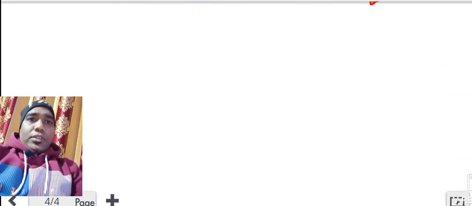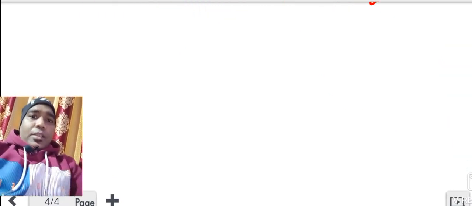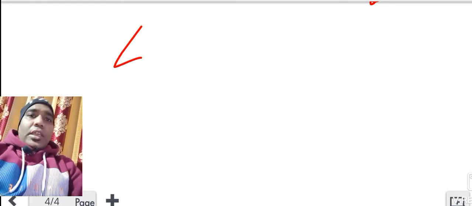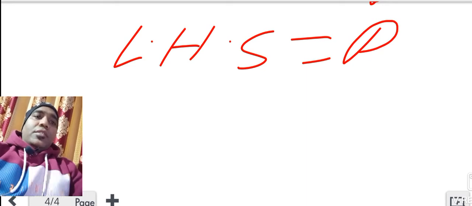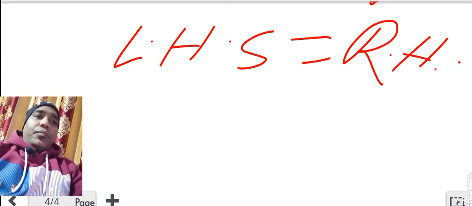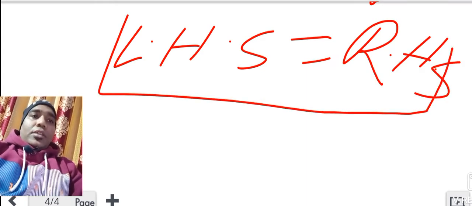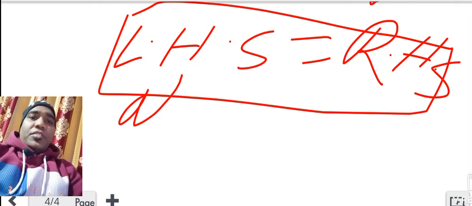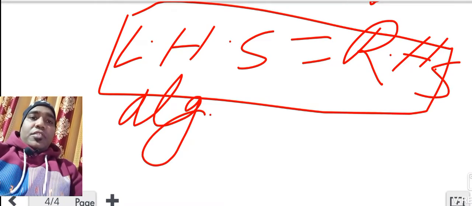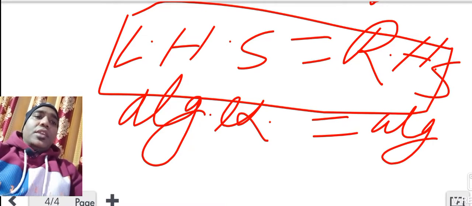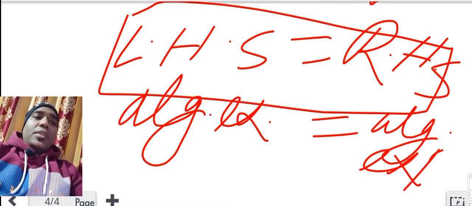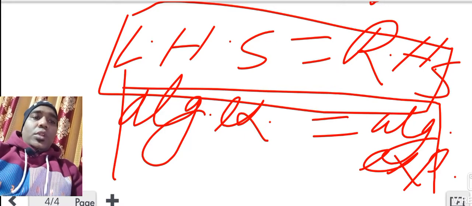So the linear equation consists of algebraic expressions whose LHS and RHS are equal. On both sides an algebraic expression is there, and both sides' algebraic expressions are equal.